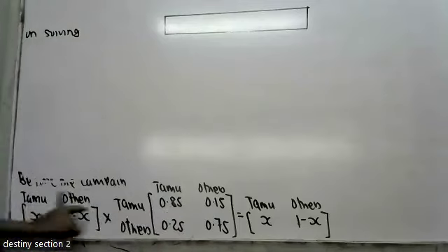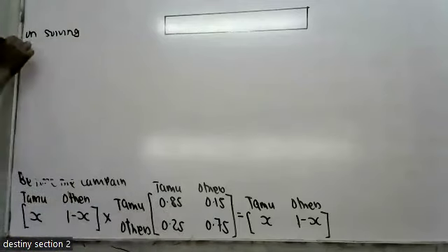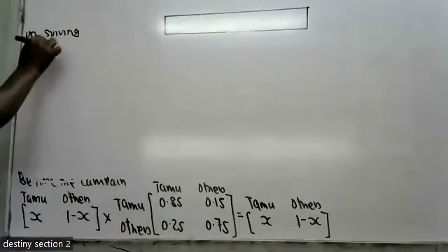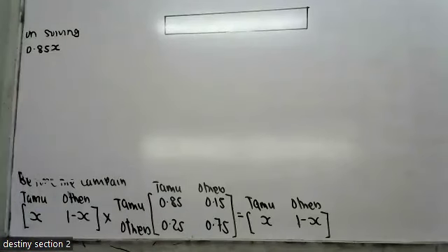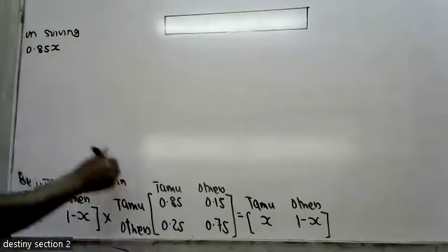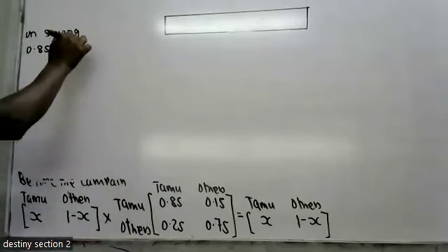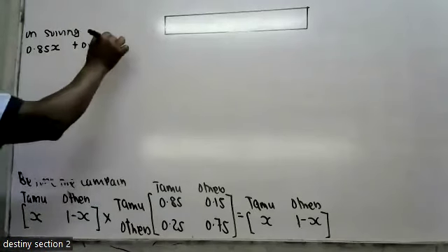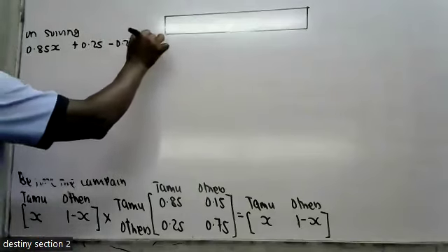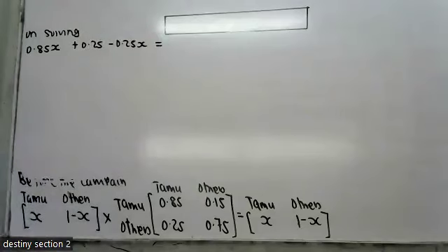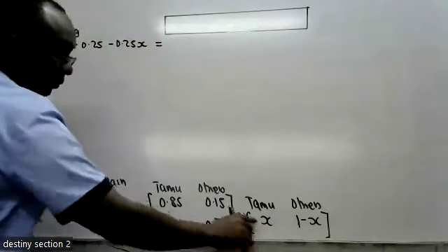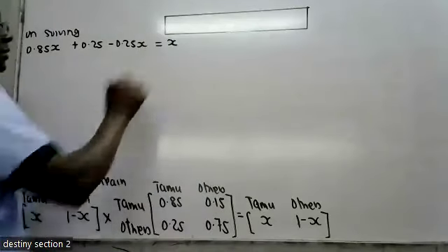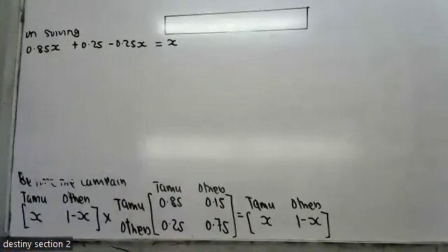So we are going to have X multiplied by 0.85, so that will be 0.85X. Then 1 minus X multiplied by 0.25. We are going to record 0.25 minus 0.25X. Now that one should give us this answer here, should give us X.